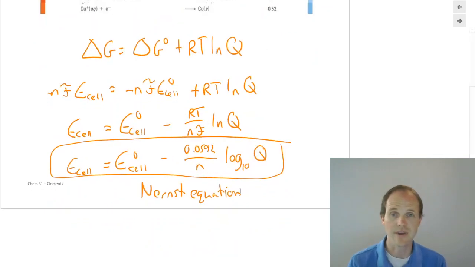And it is a great way of calculating cell potentials at non-standard conditions.